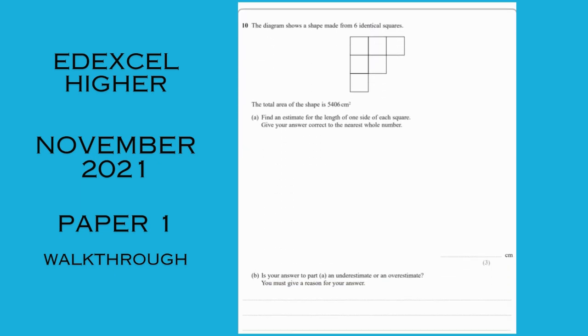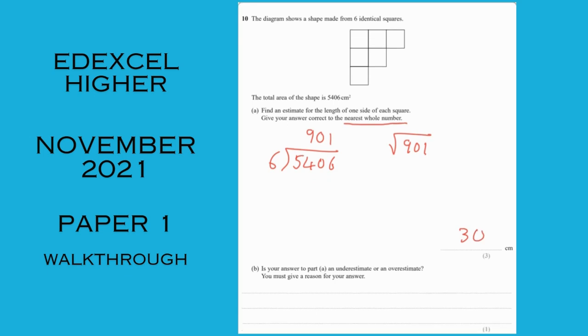Number 10. So there are 6 identical squares. Let's bus stop it to find the area of 1. Find the length of one side of each square. So we need to square root 901. We haven't got a calculator, but hopefully you'll see that square root of 9 is 3. So square root of 900 and 1, to the nearest whole number, is 30.